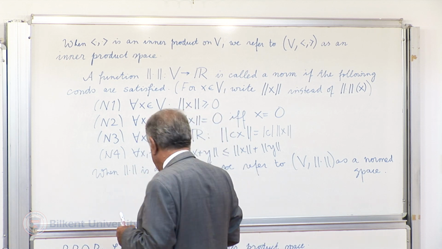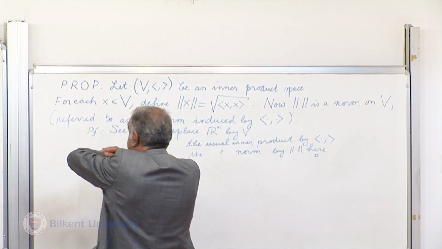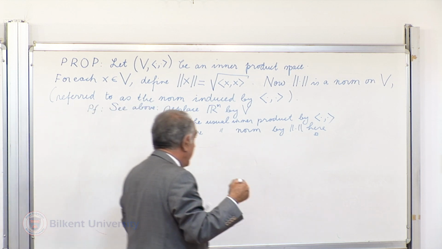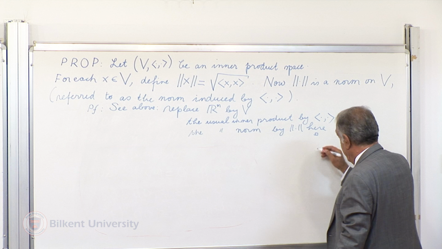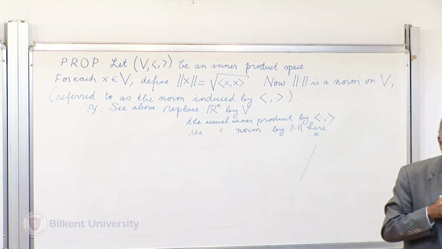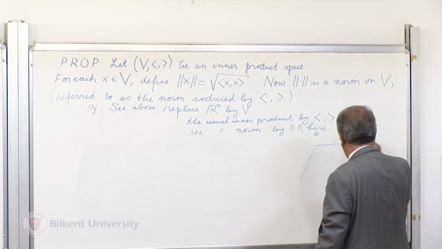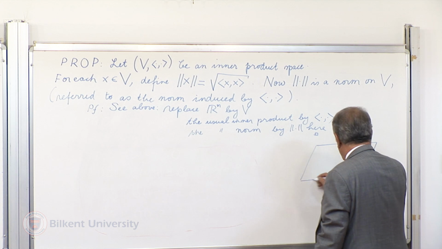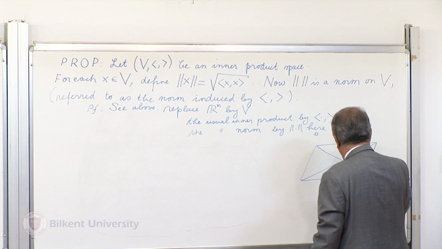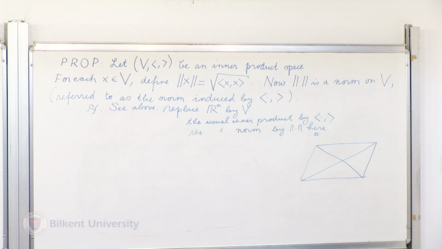So the notion of a normed space is much more general than that of an inner product space. Now let's see that. For that, we always go back to high school, to geometry. Let's do that again. Let us take a parallelogram and let's take its diagonals as well.